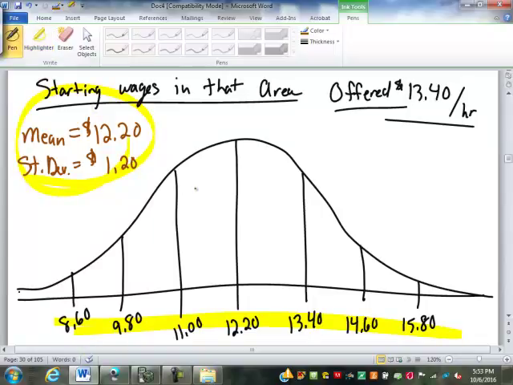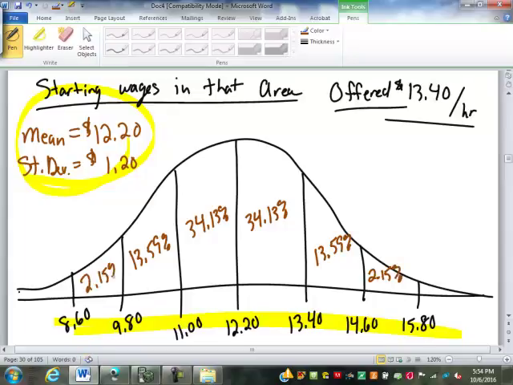The percents that go in here are always the same: 34.13, 13.59, 2.15, and 0.13.